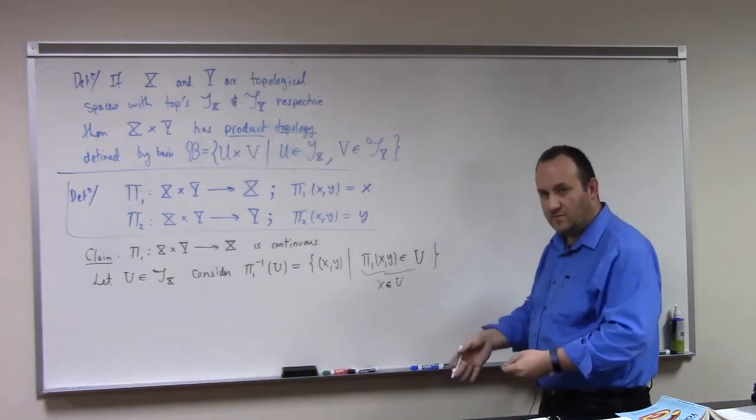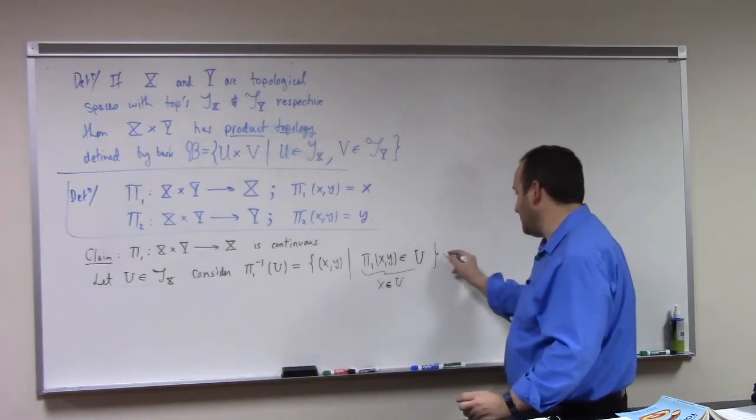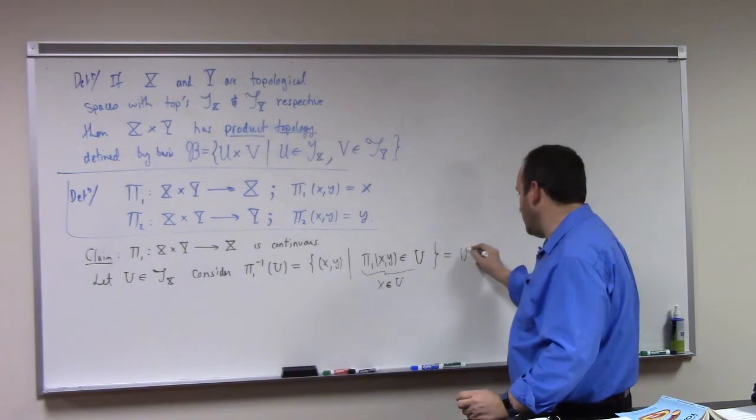X ranges over all of U. So as a set, what we're looking at here is nothing more than U Cartesian product with all of Y.